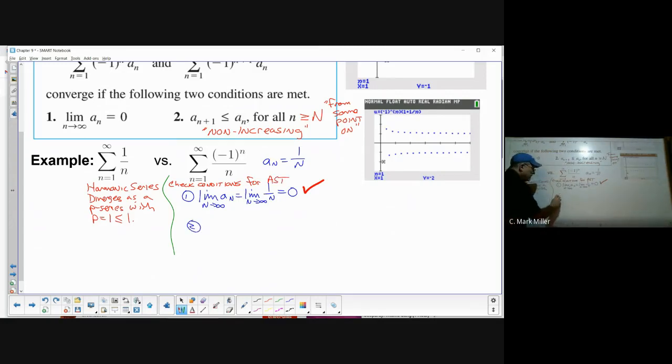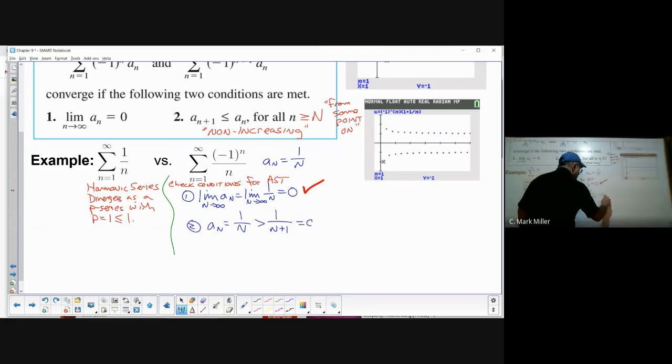Condition 2: an is 1 over n. That is going to be larger than 1 over n plus 1, which is an plus 1. We had to show that an is greater than or equal to an plus 1.